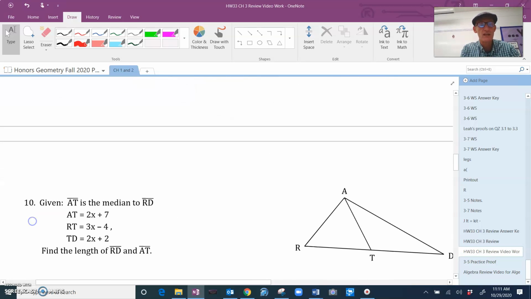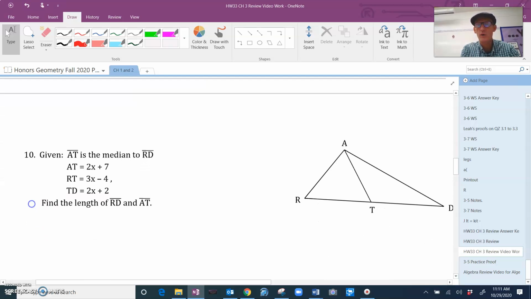All right, so number 10 is another problem where we are using algebra to find the lengths of these two segments. Problem 10 says AT is 2x plus 7, so I'm going to write it right there. And then RT is 3x minus 4. TD is 2x plus 2.